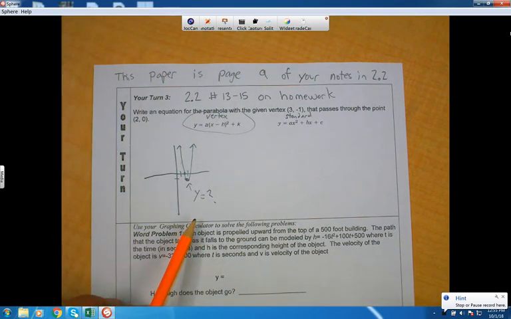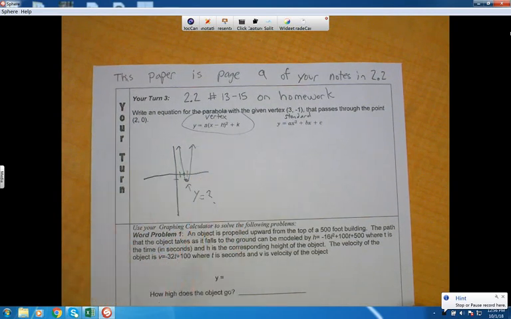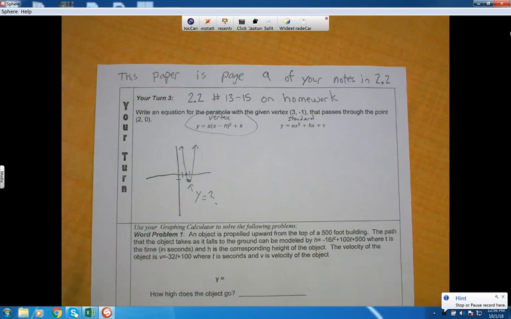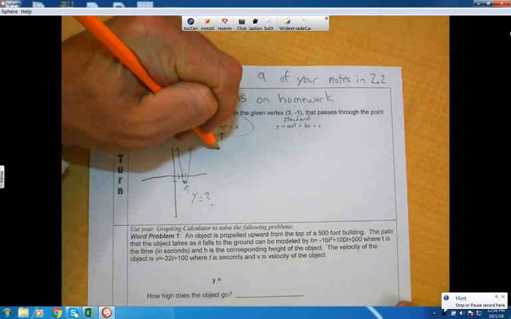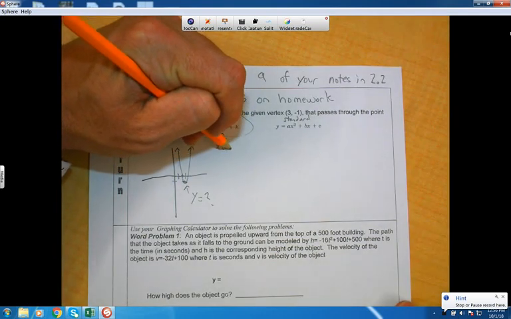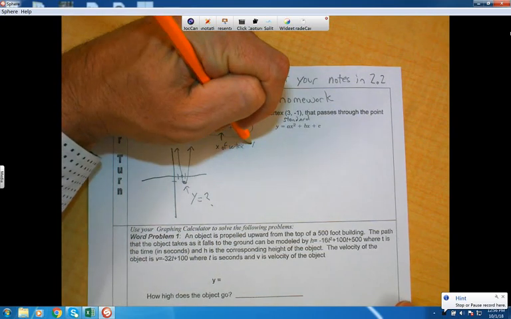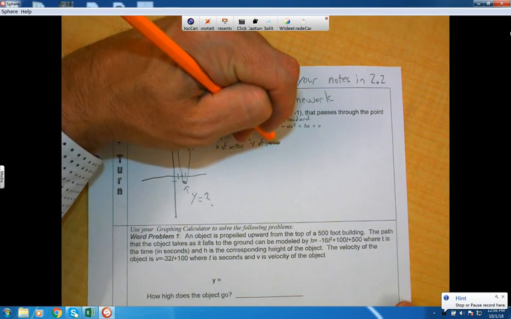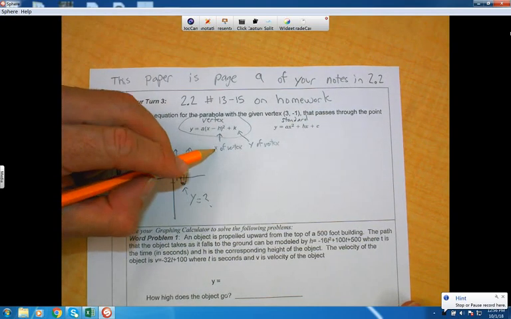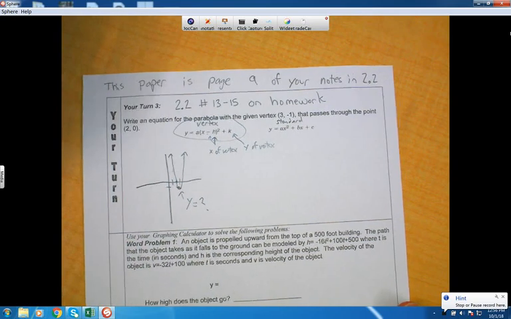So if you are doing your homework, the first thing you would do for each of those homework problems probably is write this out right here. This is what we need to do this. So how does that help us? This right here is the x-coordinate of the vertex. This right here is the y-coordinate of the vertex. With one exception, for the x-coordinate, you have to change the sign.